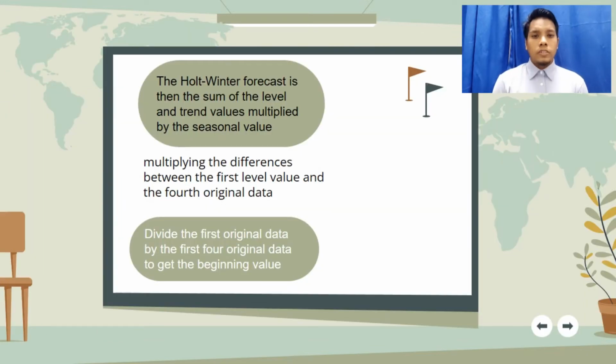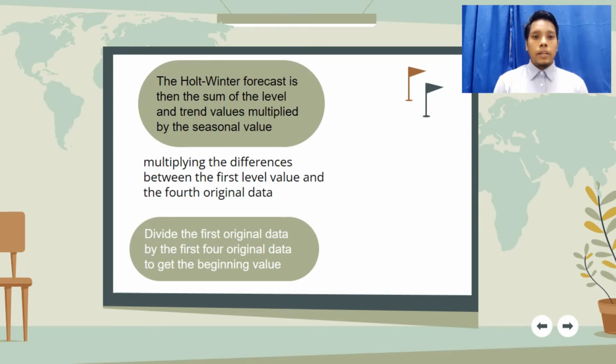Thank you. For discussion, the results show data on the bookstore retail sales from 1992 to 2006. Starting with the first seasonal value, we divide the first original data by the average of the first 4 original data to get the beginning value. The level is calculated by dividing the original data in the 5th cell by the first corresponding seasonal value.